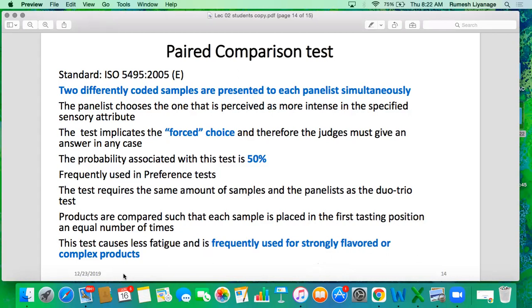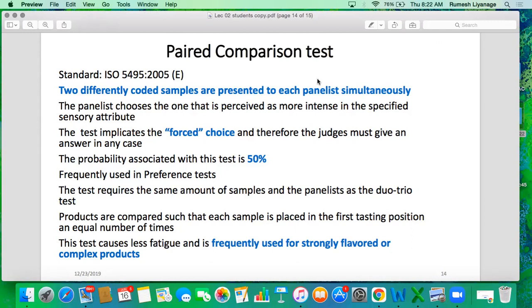As an example, Coca-Cola. Right? Here in paired comparison test, we are just presenting 2 samples together and asking which is the best one. We use this method for strongly flavored or complex products. So that is the reason.